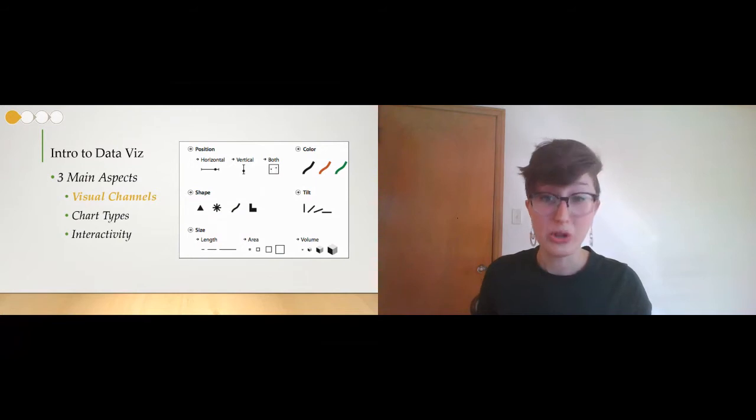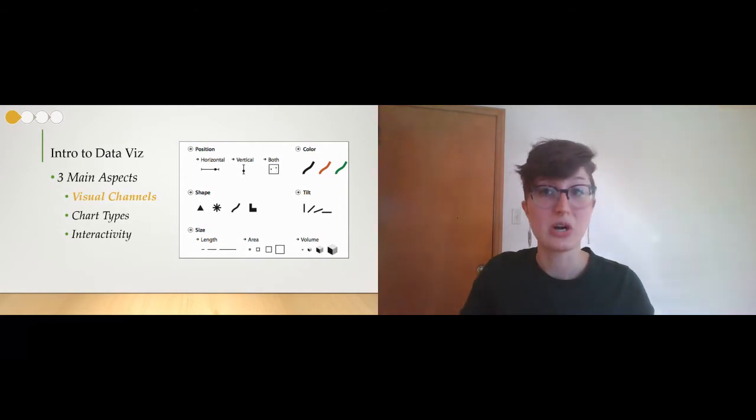So for example, color is a super easy one. You can use color to distinguish different categories, or you could use it to show a continuous value. Like if you're looking at the weather report and you see a storm on the radar, you've got those different colors to show you how heavy the rain is at that particular place.